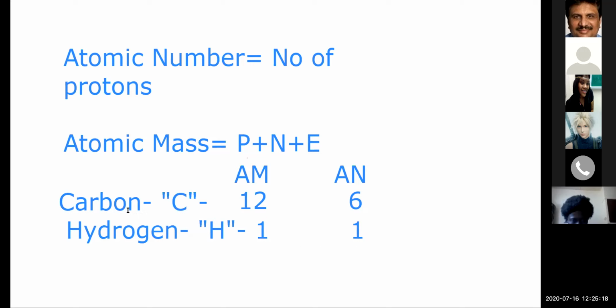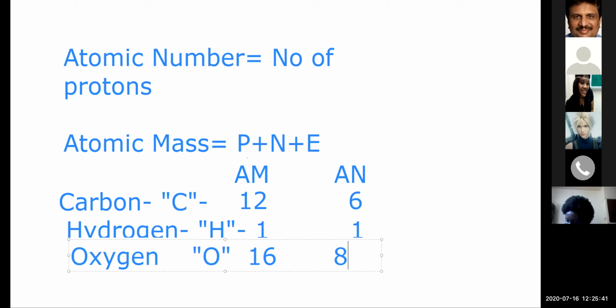In case of oxygen, it is represented by single letter O, and the atomic mass is 16, and the atomic number for oxygen is 8, right?